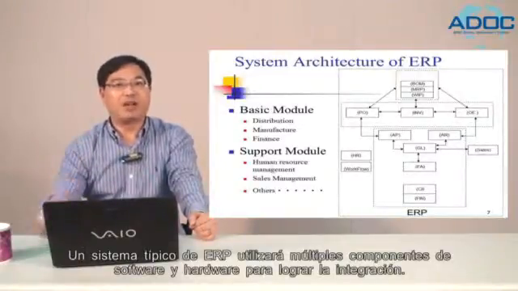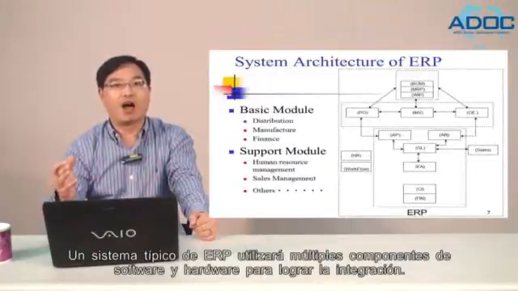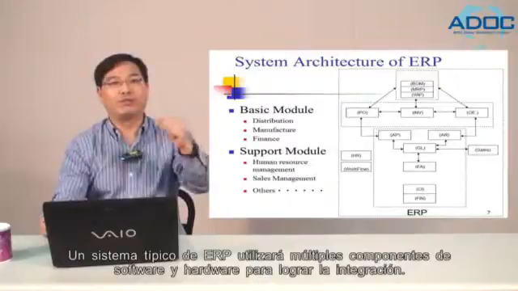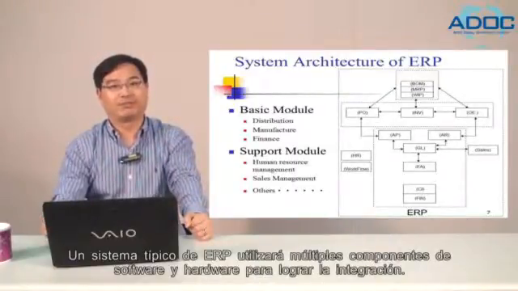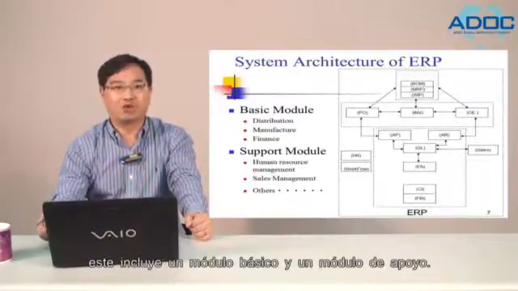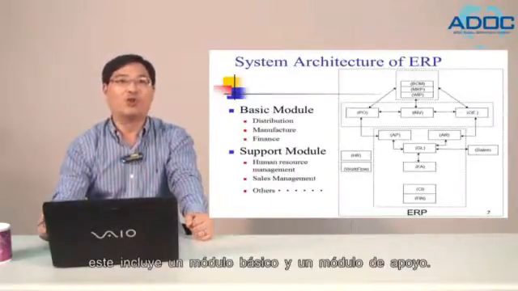A typical ERP system will use multiple components of computer software and hardware to achieve the integration. No matter what kind of ERP system, it includes a basic module and support modules.